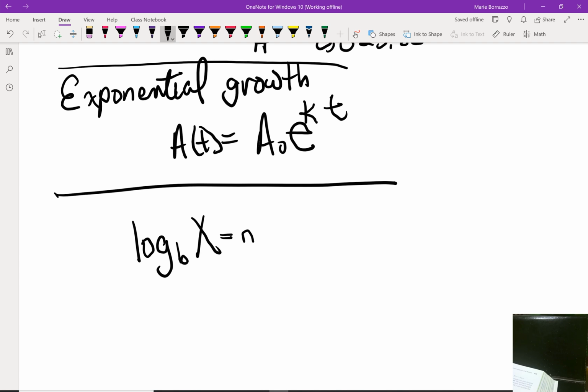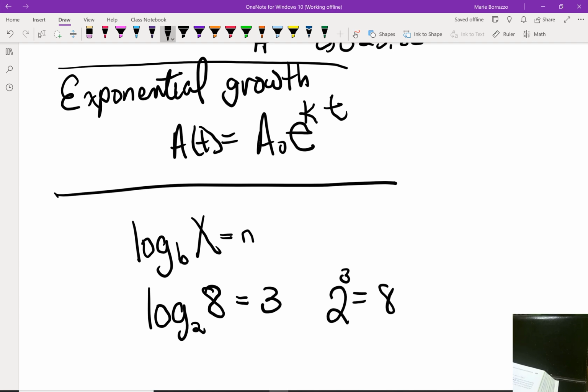For example, if I say to you log base 2 of 8 is equal to 3, the reason for that is because 2 to the third power is equal to 8. I just want you to see the association between exponential form and logarithmic form.